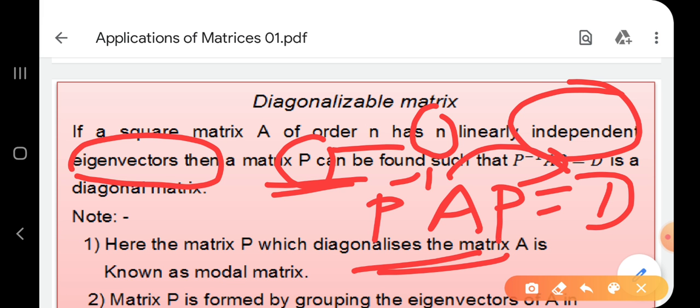D is the diagonal matrix, and we can say that matrix A is a diagonalizable matrix.